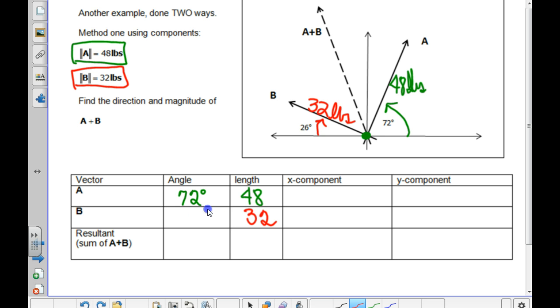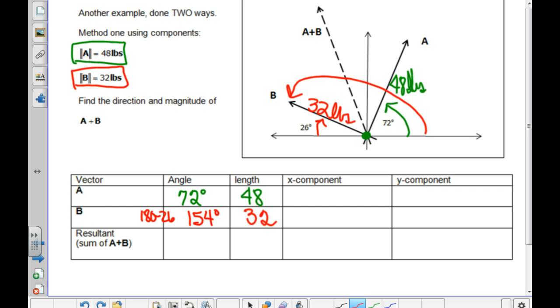You actually could, but then you'd have to change the sign on your x coordinate because it's going left. So it's easier just to always do off the positive x-axis, in my mind anyway. How far is this? 180 minus 26, which is what? 154 degrees.